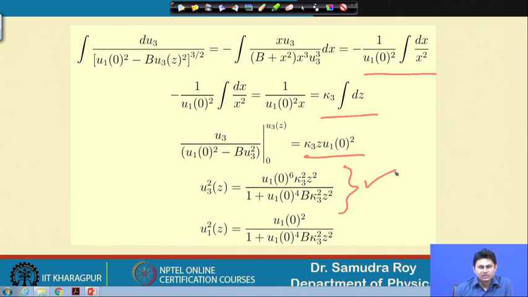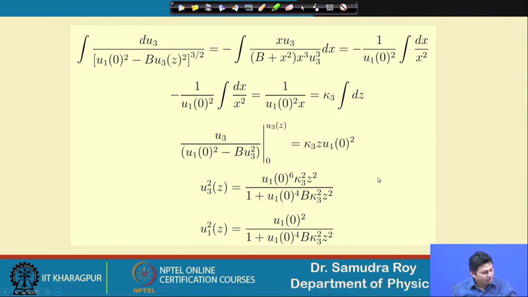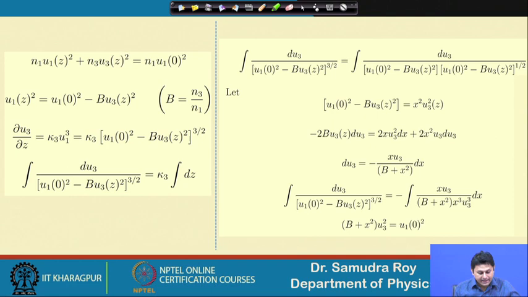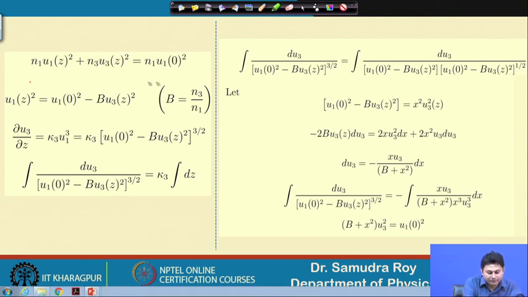So, this is your solution. This is the solution of u3, and this basically gives us how the u3, or the third harmonic, is going to evolve. Once you know what is your u3, then readily you can calculate what is your u1, because we have an equation in our hand, a relationship between u1 and u3.